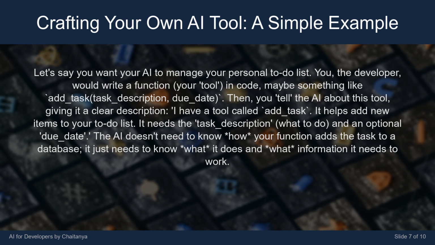I have a tool called add_task. It helps add new items to your to-do list. It needs the task_description, what to do, and an optional due_date. The AI doesn't need to know how your function adds the task to a database. It just needs to know what it does and what information it needs to work.